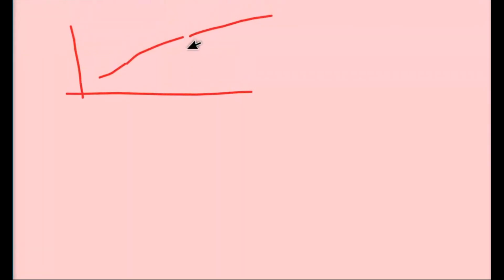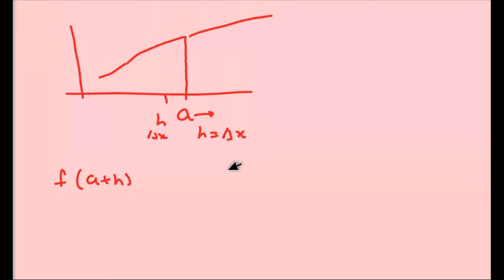as I have already told, near about just right side and just left side, that at x equal to a we have to find, and just on the right side we take a little bit of value h, let that be delta x, and on the left side also h, that is delta x. So if we are given to find the limit f(x) as x tends towards a, we find f(a plus h), h tends towards 0.